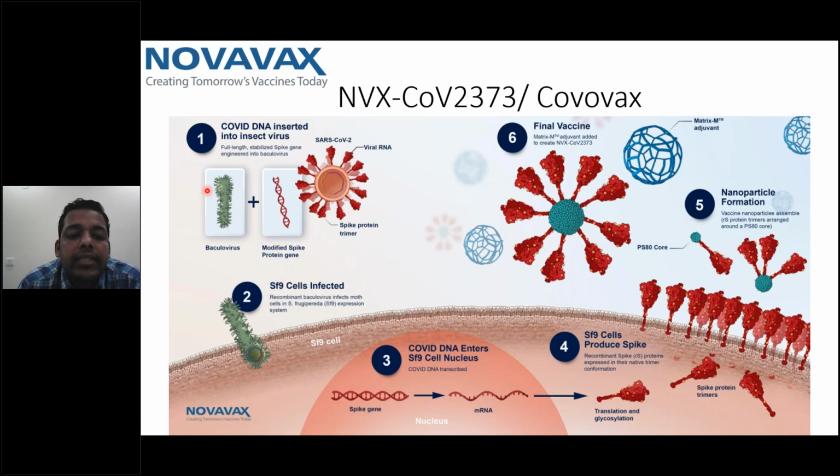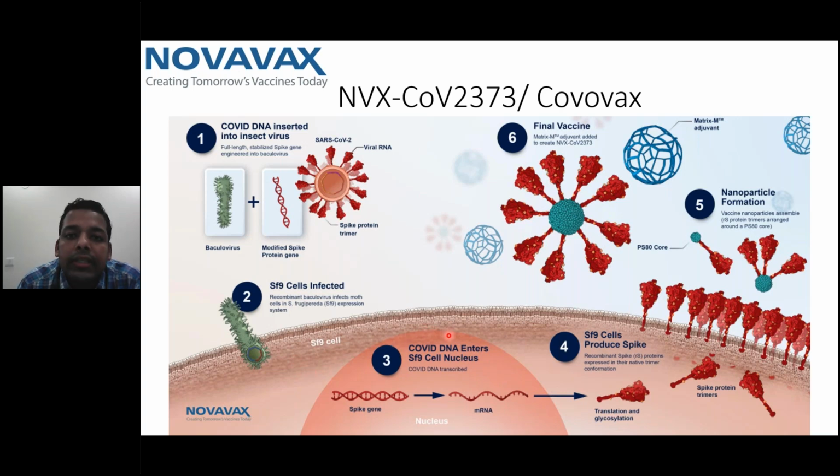So this baculovirus, which had the gene for the formation of the spike protein, then infected a culture of moth cells. Moth, the insect, moth cells is where this baculovirus was injected, and it led to an infection.